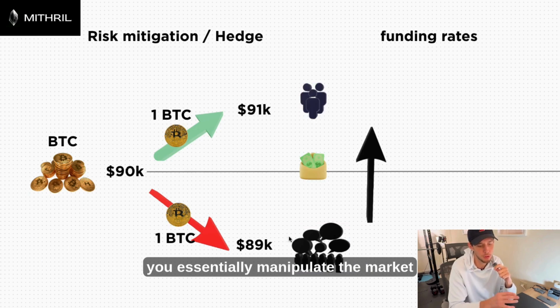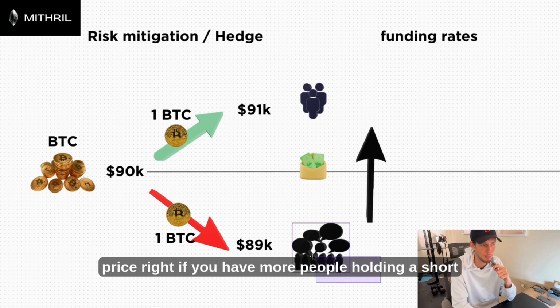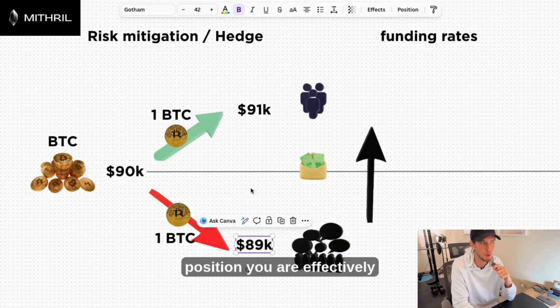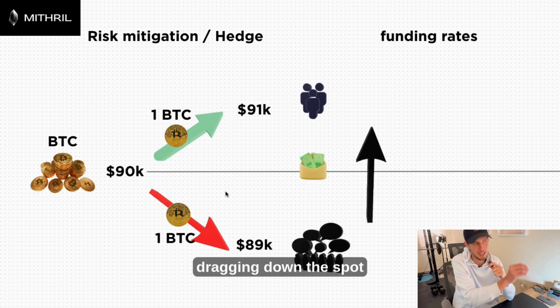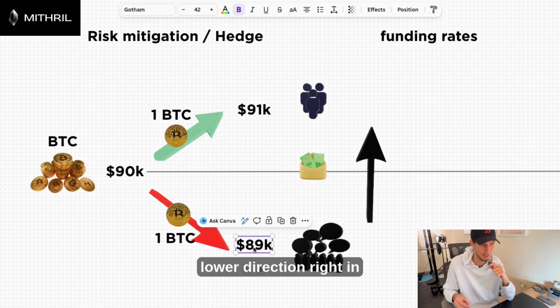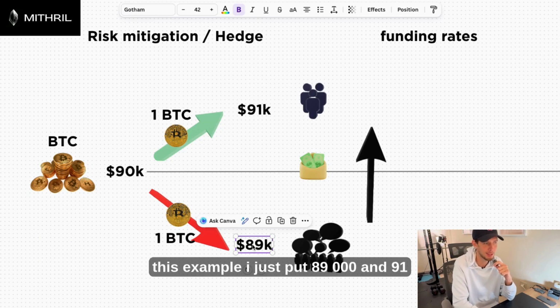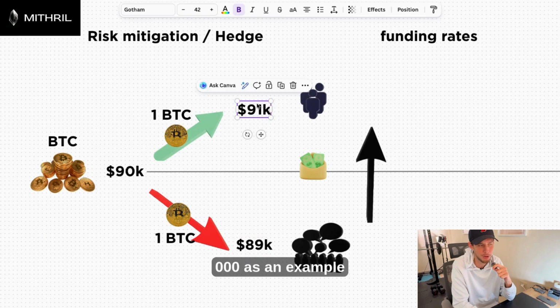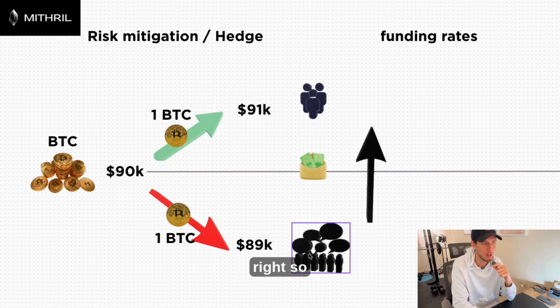And this is because you essentially manipulate the market price, right? If you have more people holding a short position, you are effectively dragging the spot price in a lower direction. In this example, I just put 89,000 and 91,000 as an example, right?